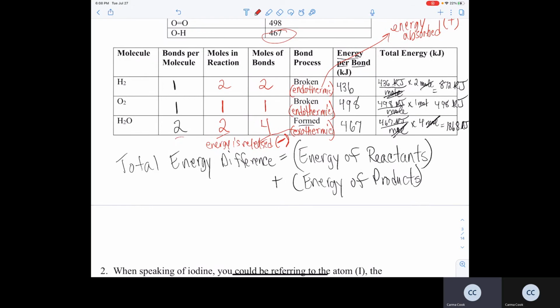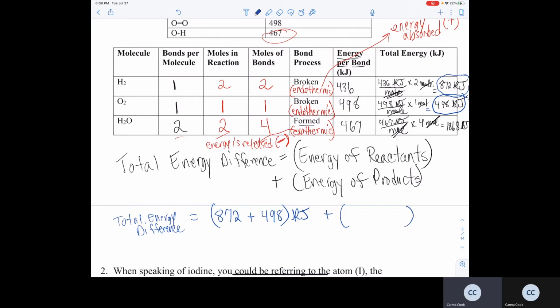So our total energy difference is going to be the energy of our reactants, and we've got two of them, H2 and O2. These are the energies of our reactants, 872 plus 498, units are kilojoules, plus the energy of our product.